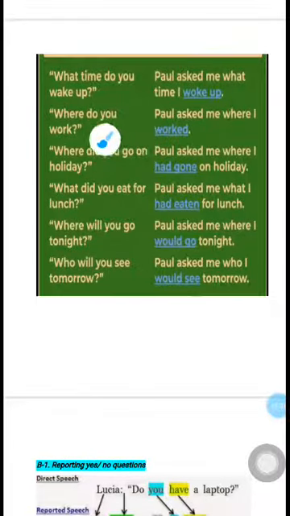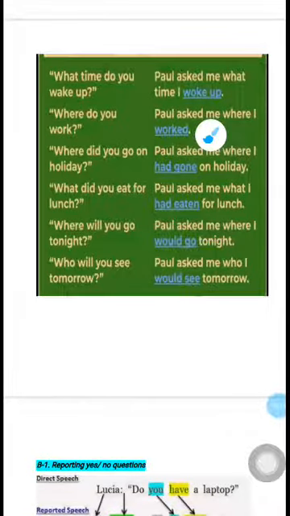Where do you work? This is example number 2. Do is the auxiliary, and this is the question mark. Then look at this. Paul asked me where I worked.